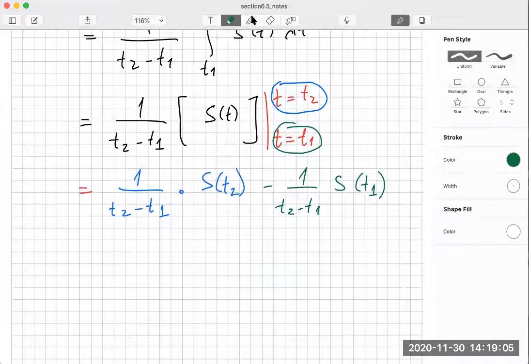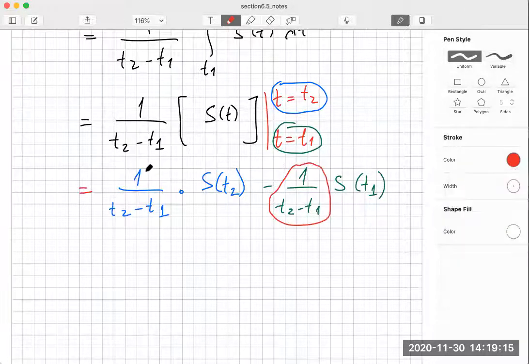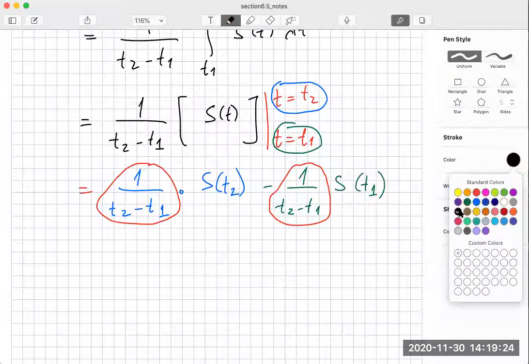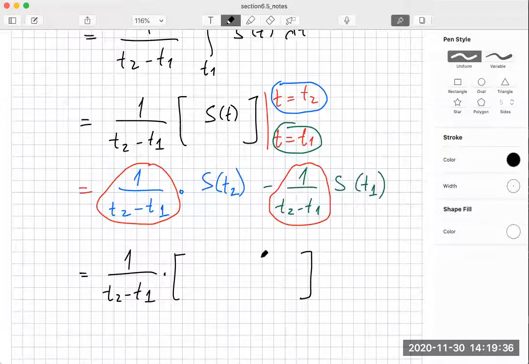So what is the common thing about these two products? This is a common factor, right? Can we factor it out? If we factor it out, what do we have in the parentheses?